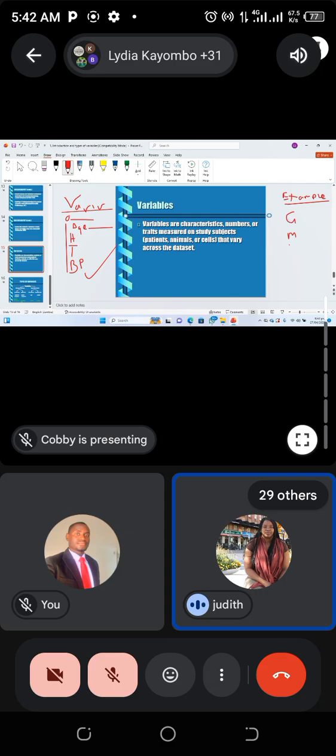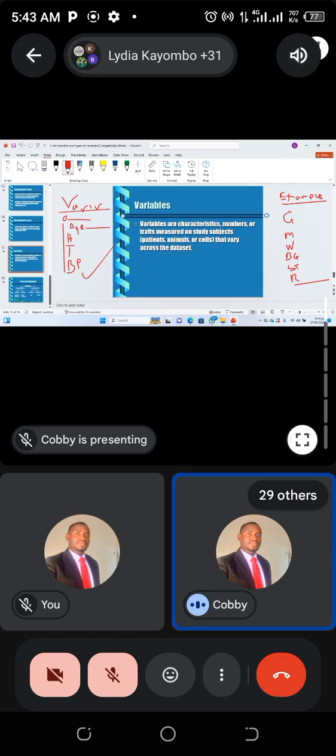Weight, blood type, blood group. Presence of disease. Yes, presence of disease, which can be a status, either positive or negative sometimes. Race. So these are all variables that we can measure from the patient.